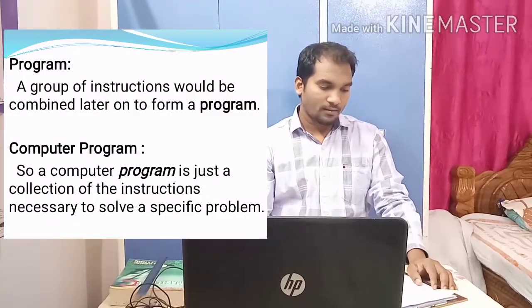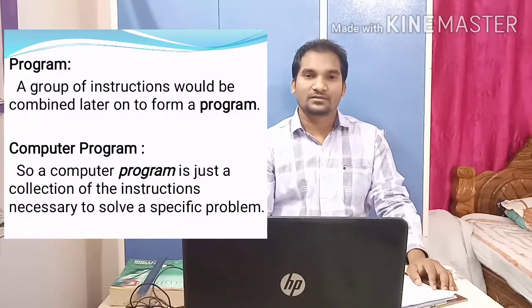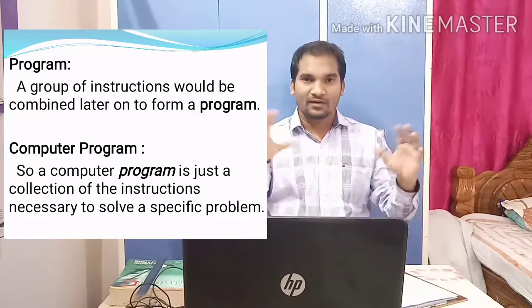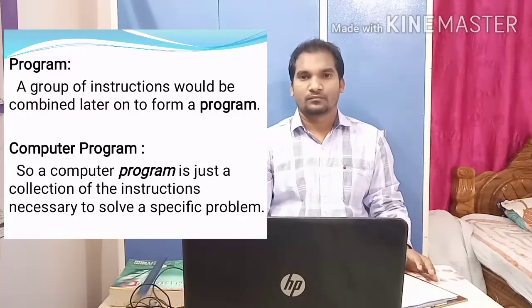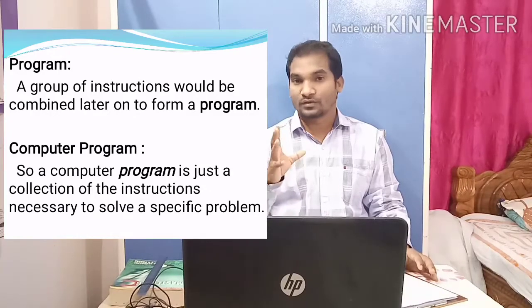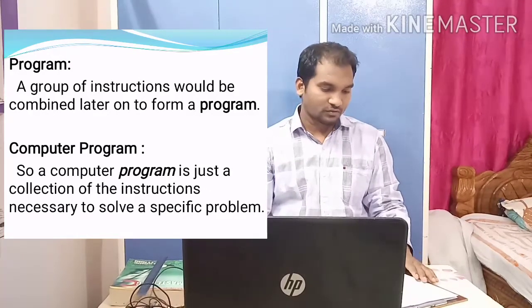So before knowing the structure of programming, we should know various things that we have to implement in that program. What is program? A program is the group of instructions commonly formed to do a specific task. What is computer program?